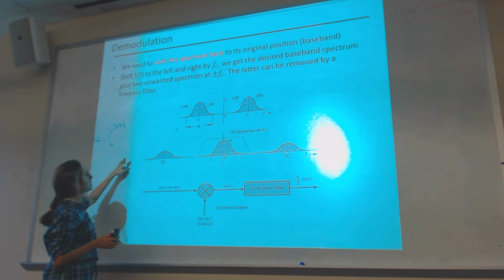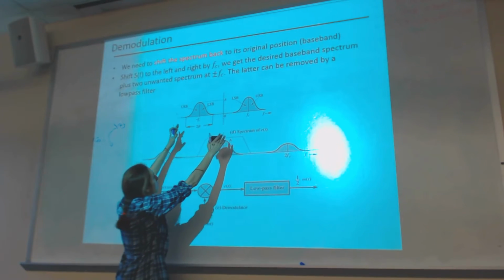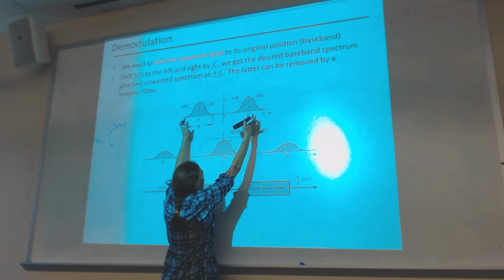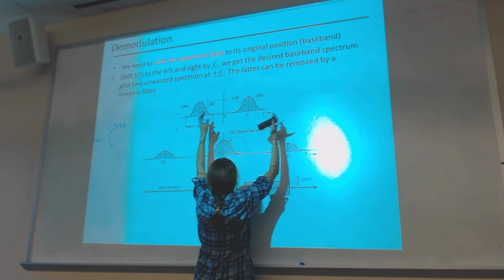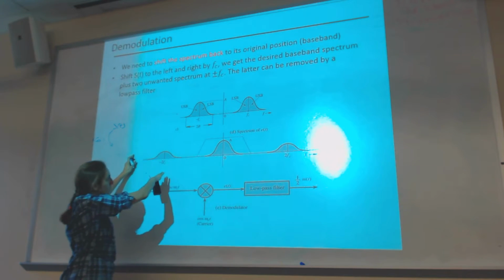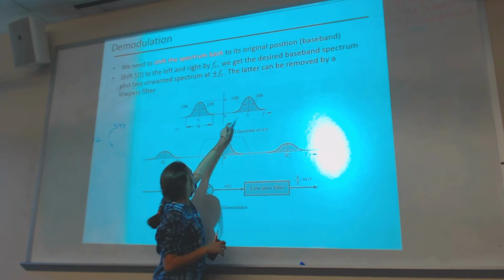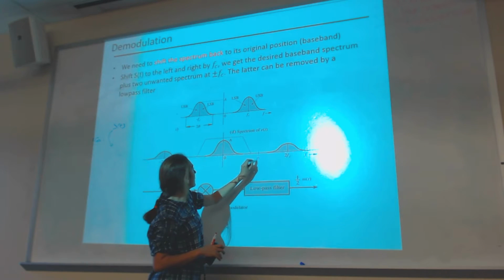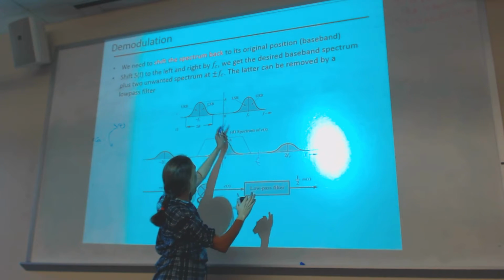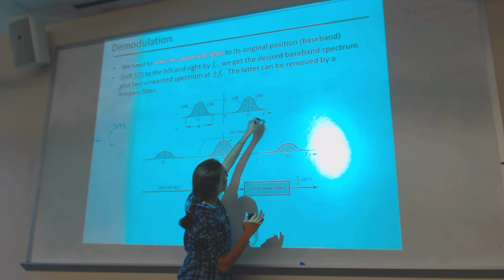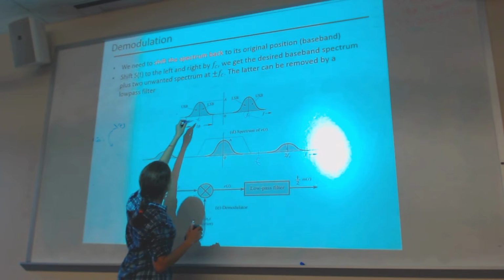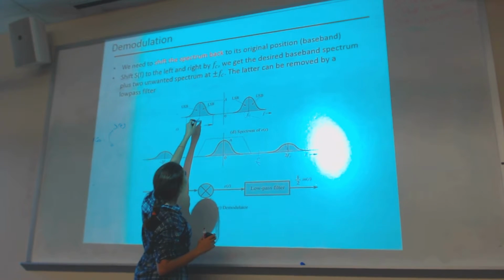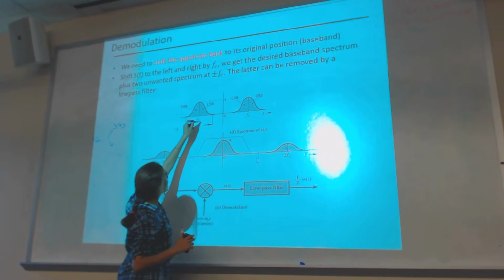After multiplying by another cosine, what happens? The whole thing will be shifted to the right and the whole thing will be shifted to the left. If this is shifted to the right by the amount f_c, this goes to 2f_c, and this one goes to the origin.